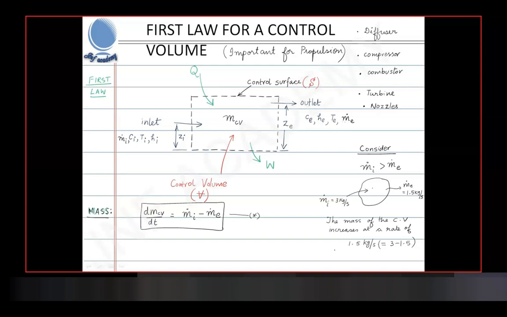And I request you to pay attention. The theory is something very important. Don't just concentrate on solving the problems. You'll not be able to do any problem given to you. If you're strong in theory, any problem given to you, you'll be able to answer.